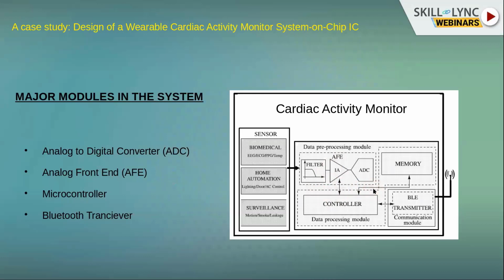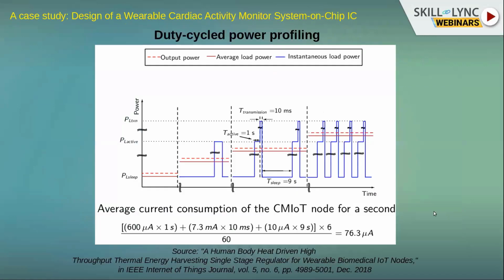These are the main blocks that consume power in this system. The highest power consumption, 7.3 milliamps, as you can see here, is of the Bluetooth module, because the communication part always consumes the highest power in any system you take.